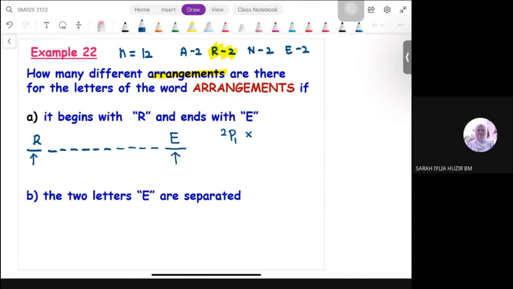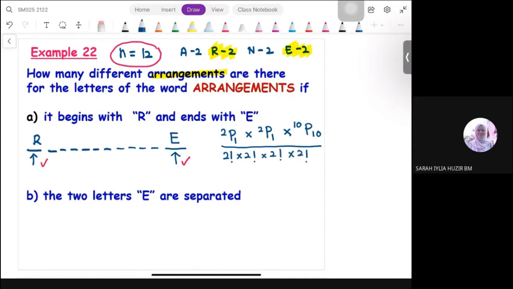Times with, we go to the second box that has a condition, the letter E. All together we have two different options for letter E, and we want to place one in that box. So another 2P1. Now, how many options are left? All together, remember, we have 12 options. One letter is used at the front, one letter is used at the back. What remains is 10 different letters, which we rearrange on the 10 remaining spaces. So 10P10. But don't forget we have to divide by 2 factorial times 2 factorial times 2 factorial times 2 factorial.